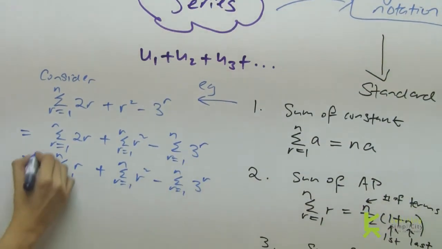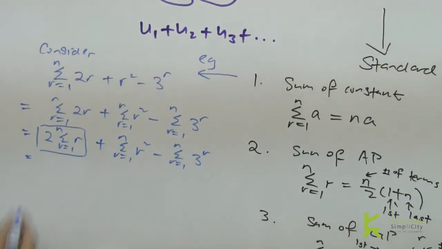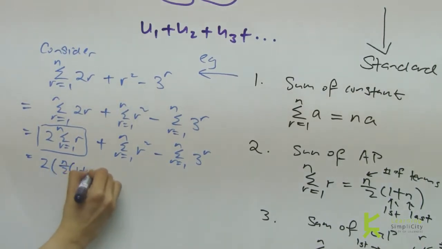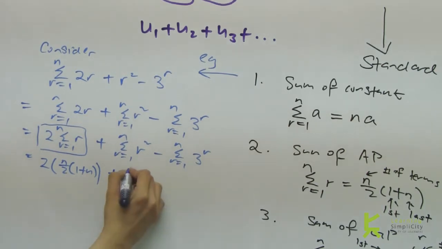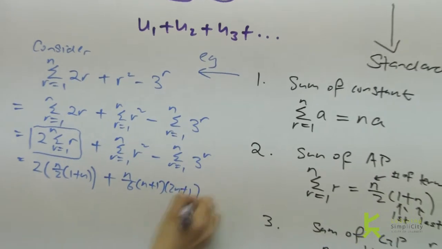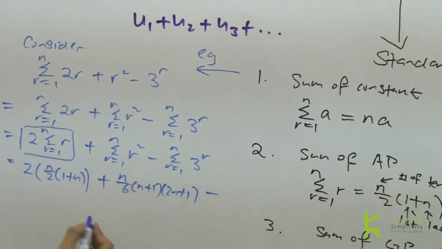Take note that the first summation is that of an AP. So we can basically use the formula. So it's n over 2, 1 plus n. For the second one is a sum of square. So the formula will be n over 6, n plus 1, 2n plus 1. Finally, the last one will be summation of a GP.